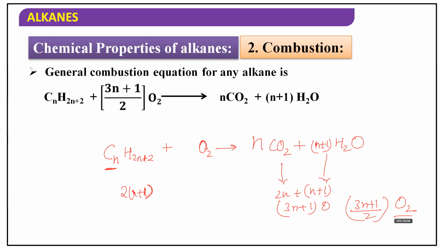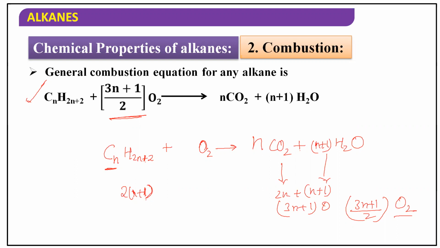So the general combustion reaction for alkane is CnH2n+2 plus (3n+1)/2 O2 gives nCO2 plus (n+1)H2O. This is what we have to remember.